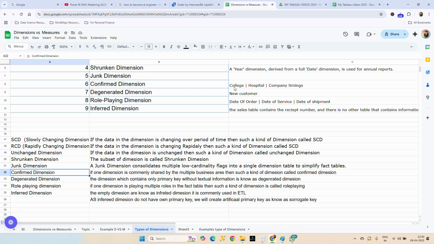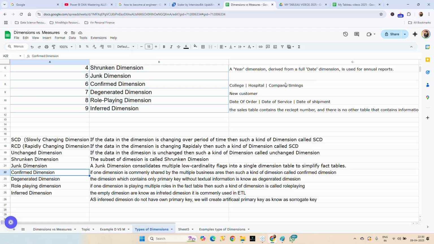In Vizag, we have lots of colleges, hospitals, and companies. In the college, employees are working. In the hospital also, employees are working, and in the company also. In these three businesses, office timings might be the same, 9 o'clock to 6 o'clock. It's commonly shared, the business hours, 9 to 7.